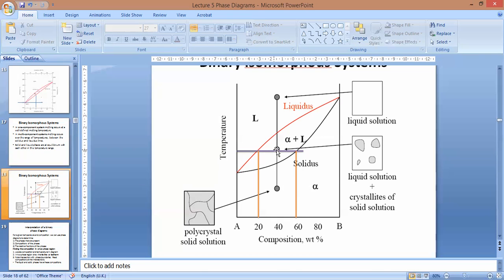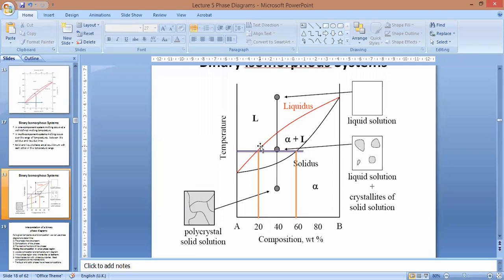In the numerator you're going to have this point, so 40 minus 20, this region here, divided by the overall, which is 60 minus 20. So the numerator you have 40 minus 20, and the denominator you have 60 minus 20.